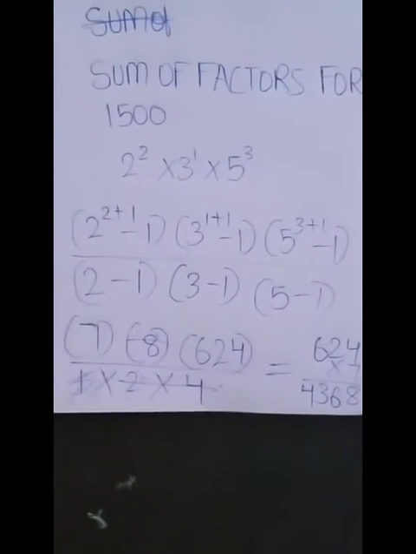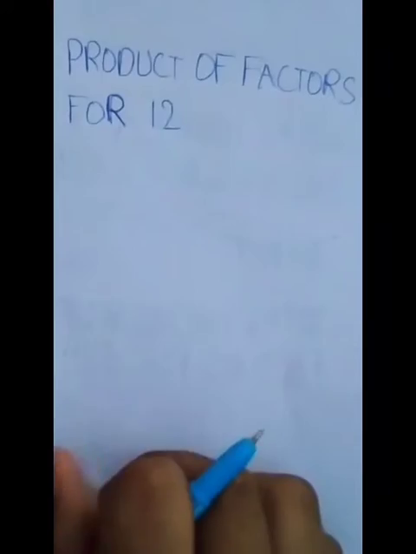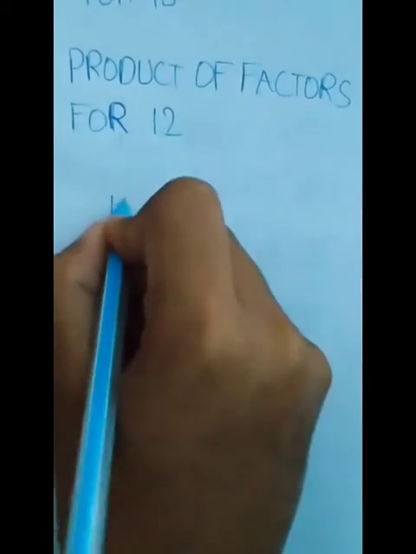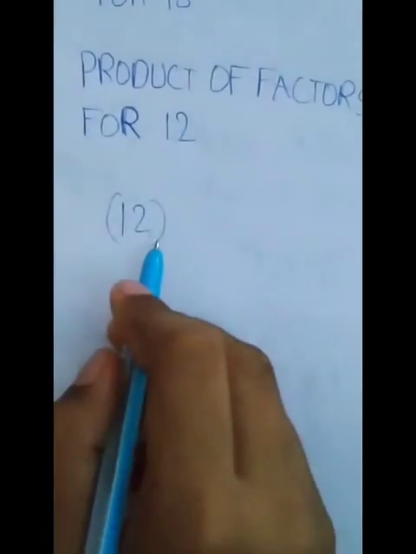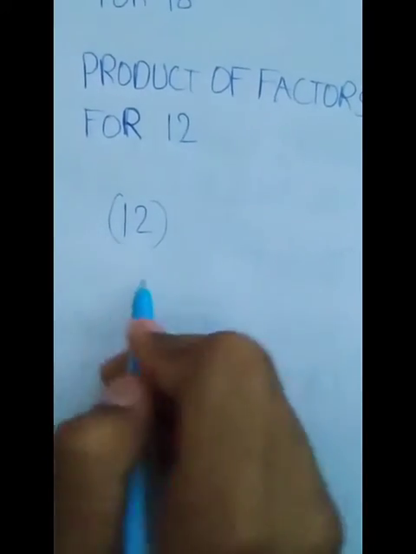Now we'll go to our next problem. Product of factors for 12. For product of factors, we need the formula. The formula for product of factors is 12 to the power of the total number of factors divided by 2. 12 has 6 factors.